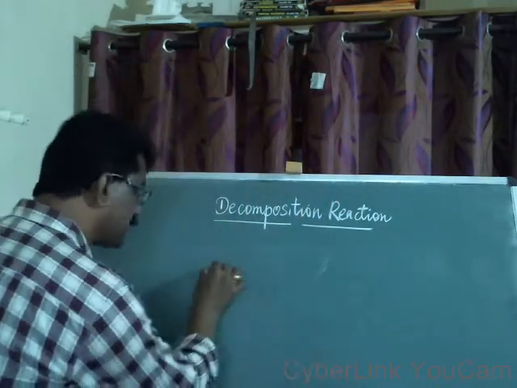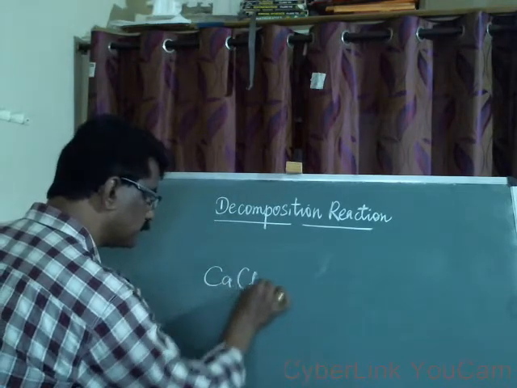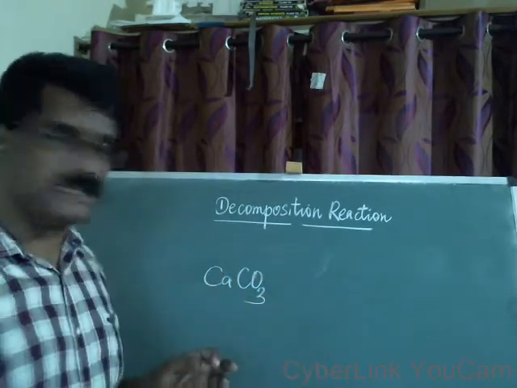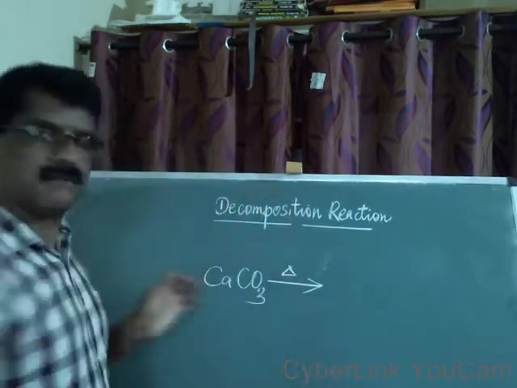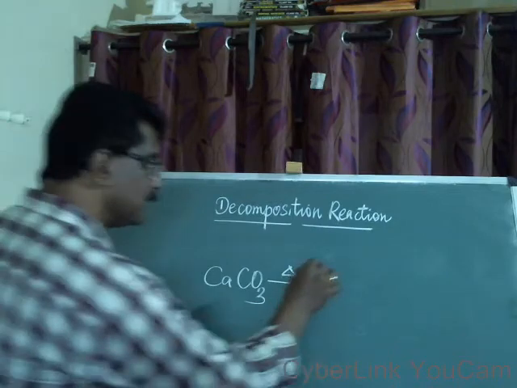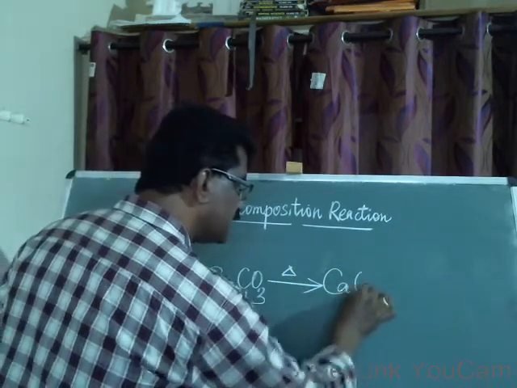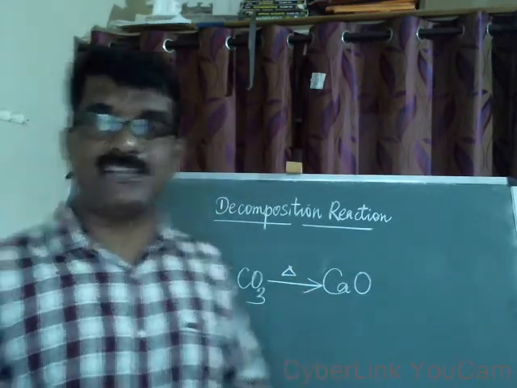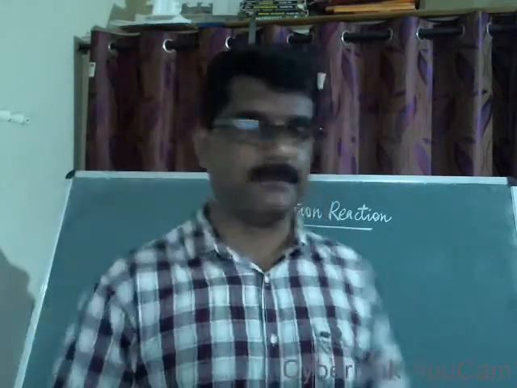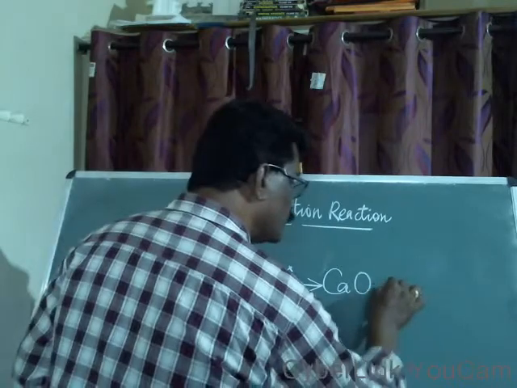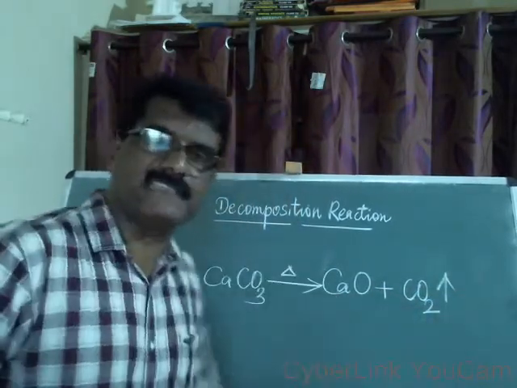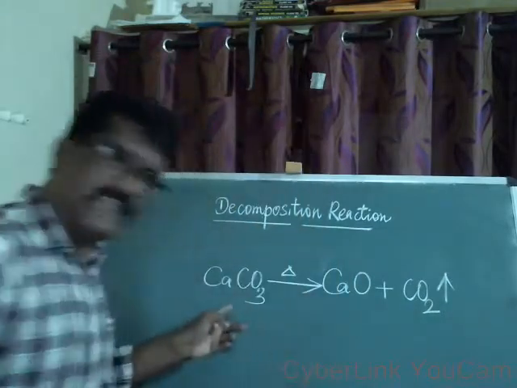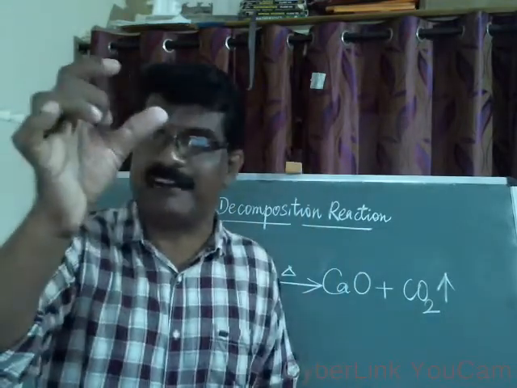When calcium carbonate, CaCO3, is heated, it produces calcium oxide. Calcium oxide is known as lime, or simply quicklime, along with the evolution of carbon dioxide gas. Carbon dioxide gas is coming out. So see here, calcium carbonate is a single reactant.